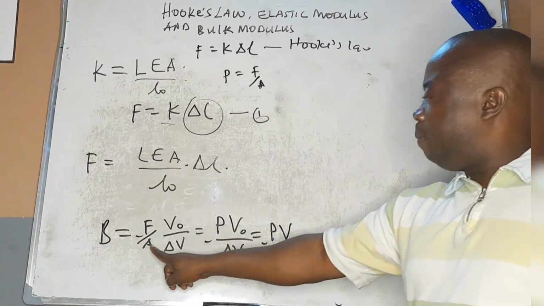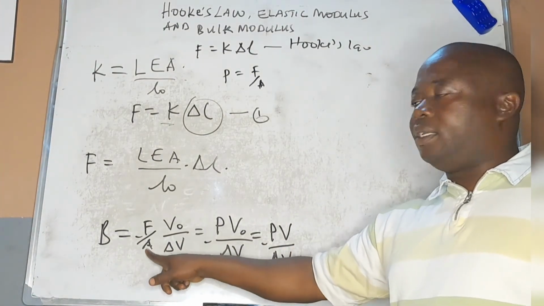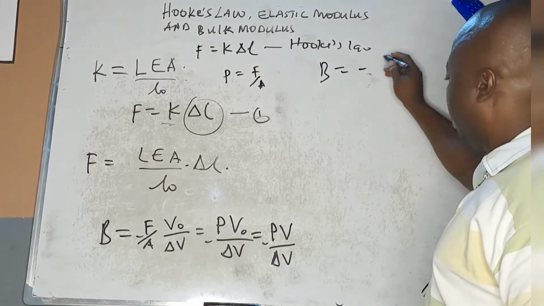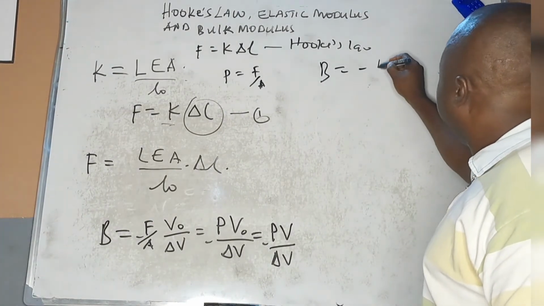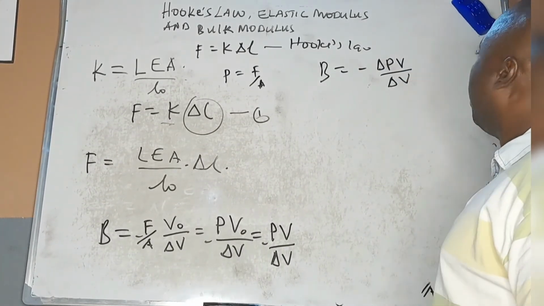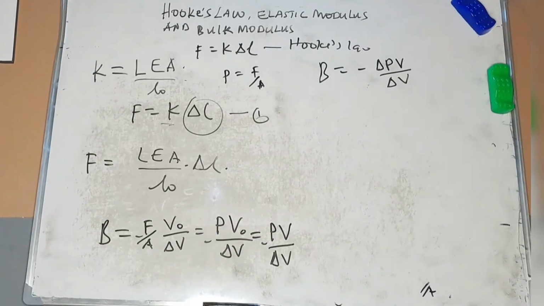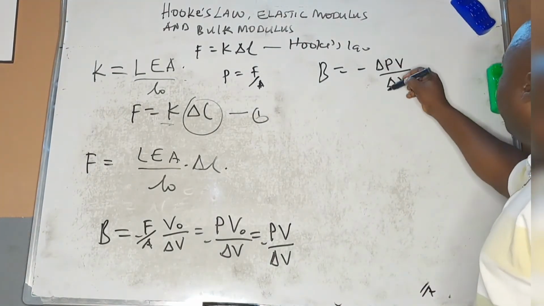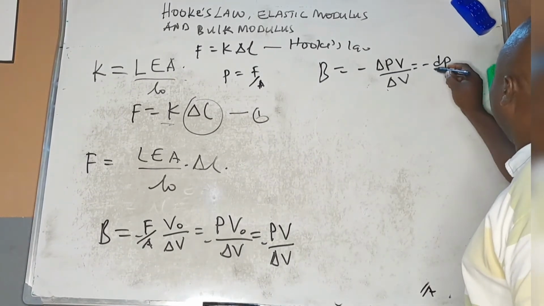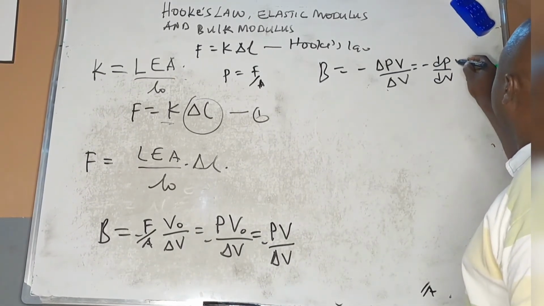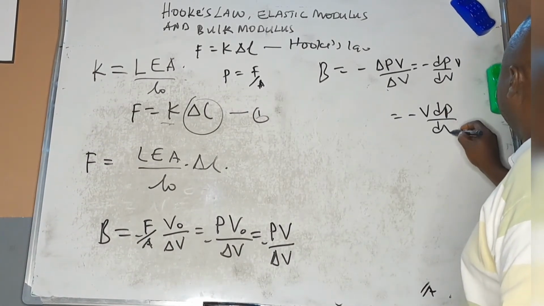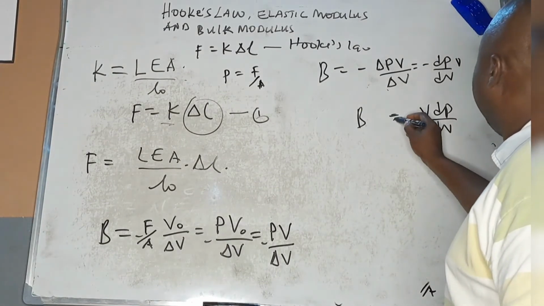Now, if the applied force produces a change in pressure, we will have B equals minus change in pressure multiplied by V all over change in V. So it becomes minus V dP all over dV. This is bulk modulus.